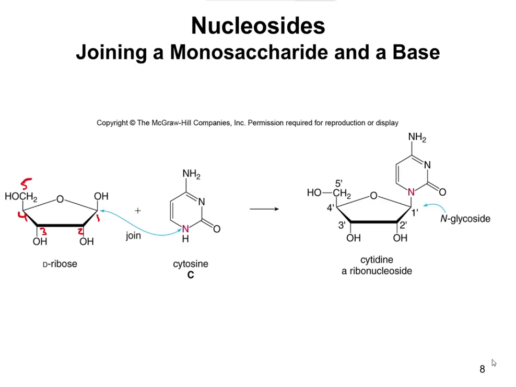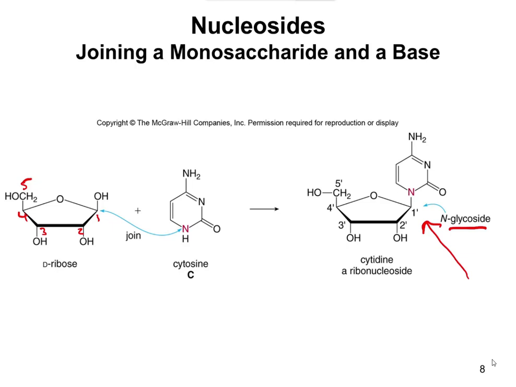So the carbon on carbon 1 is going to link with one of the nitrogens on your base, and what you form, looking over here on the right, it's called an N-glycoside. So basically, glycoside refers to the linkage between a sugar, and N-glycoside means that that sugar is linked through a nitrogen, right?